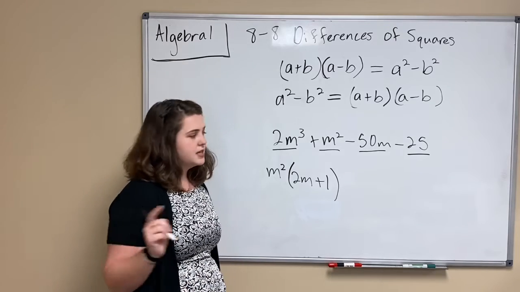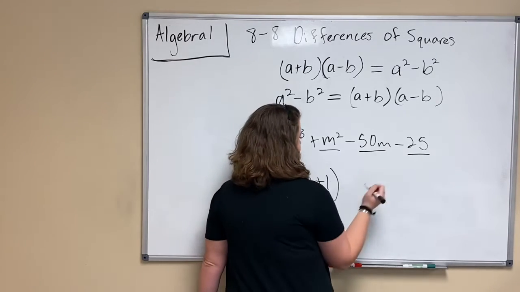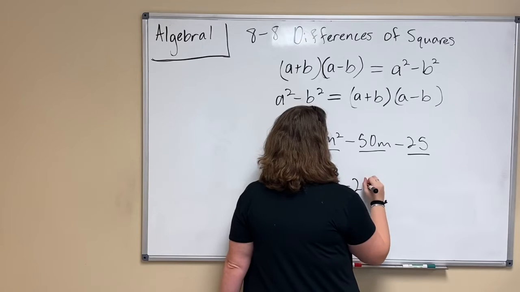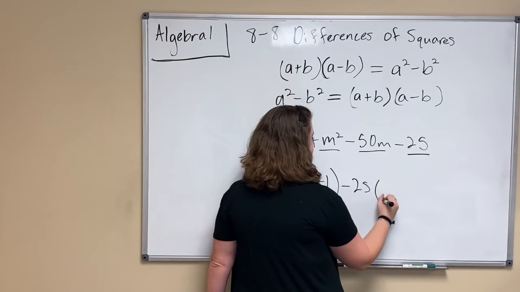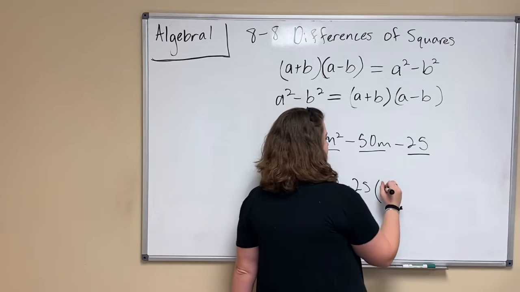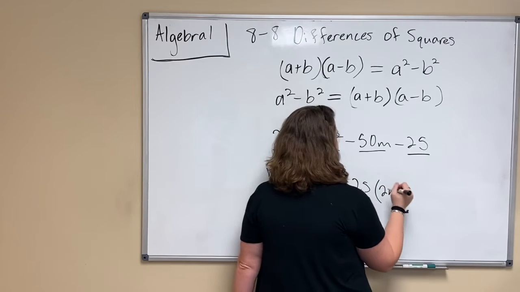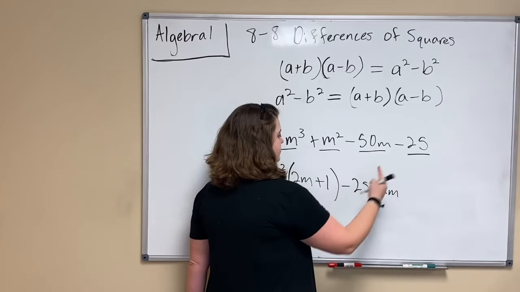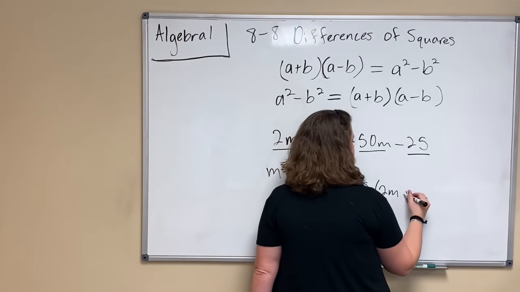Right, now if I take negative 25 out of both of these, I'm going to end up with minus 25 times negative 50m divided by 25 is going to give us 2m, and negative 25 divided by negative 25 is going to give us 1.